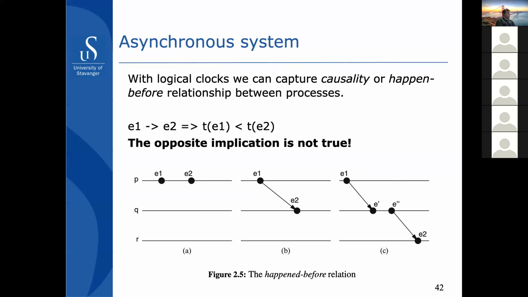So in this example, in the A part, we have the same process doing both events, and obviously the same process P can know which came before the other.